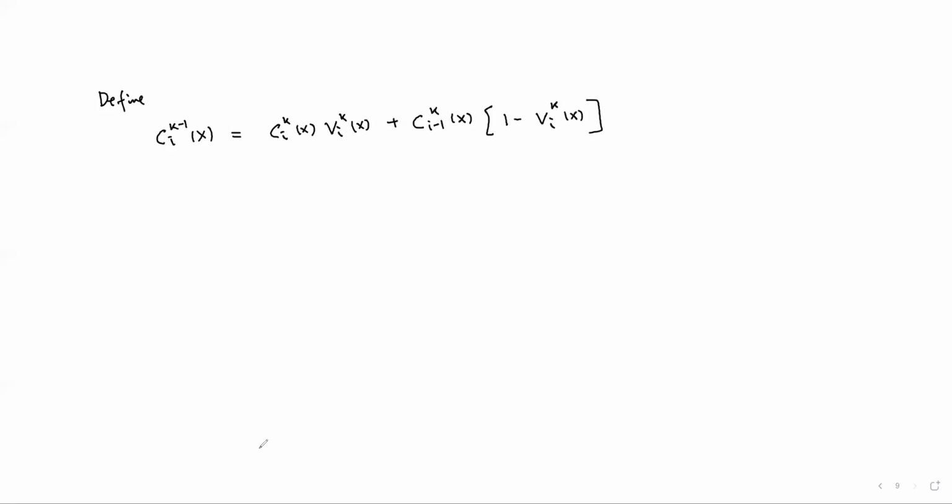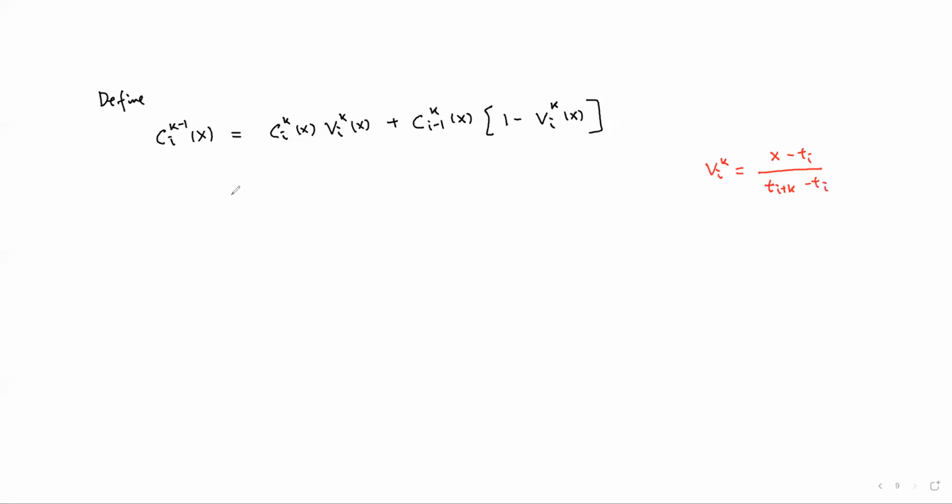According to the definition of V, what is V_{i,k}? V_{i,k} is equal to (x minus t_i) over (t_{i+k} minus t_i).